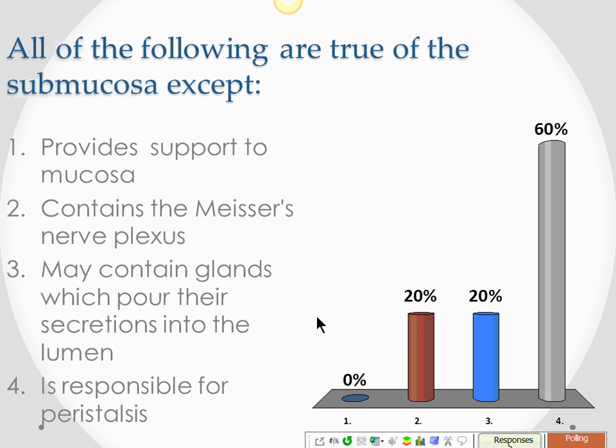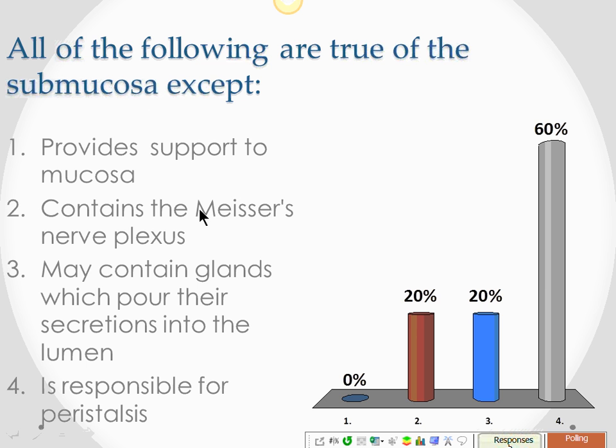Remember, peristalsis is a movement. It's muscle which is going to do that. It does have glands. It may contain glands, not always. It may have glands, and the glands will pour their secretions into the lumen. After all, that's where you want the secretions to go.